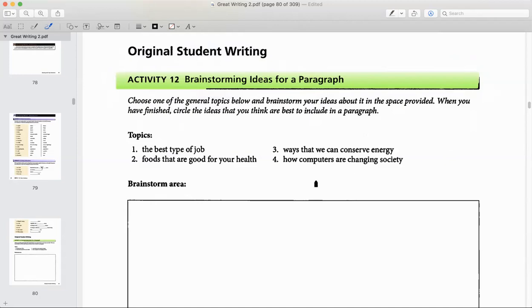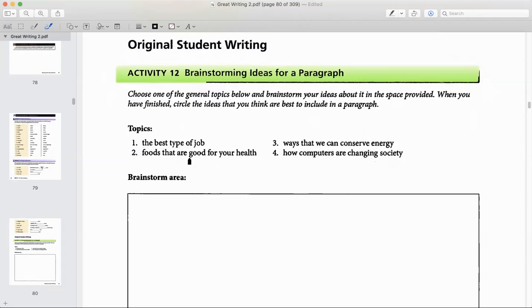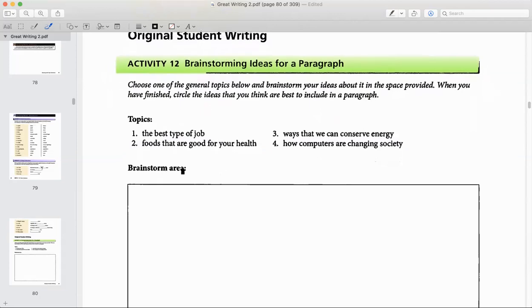Or for number 2, maybe if you don't want to talk about foods, you could talk about like the best exercises for your health. So you're free to change these topics a little bit if you want to.